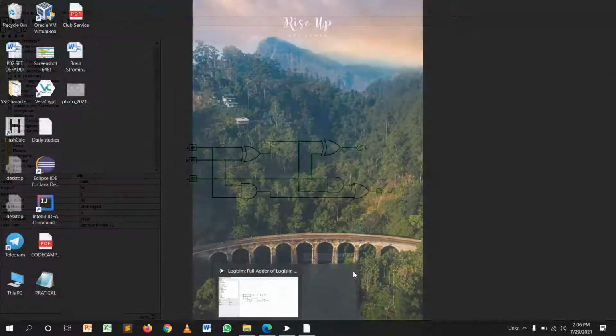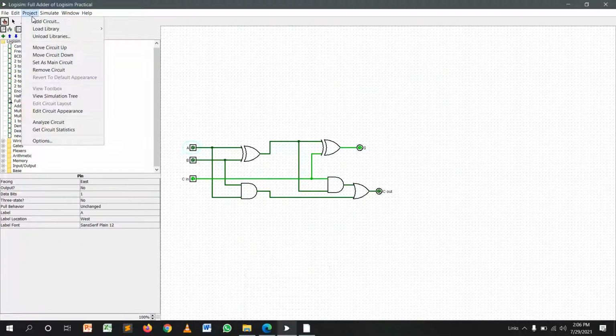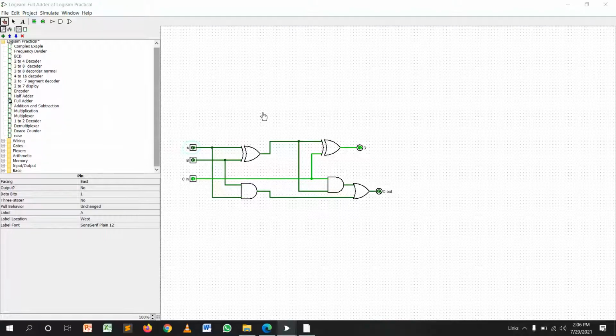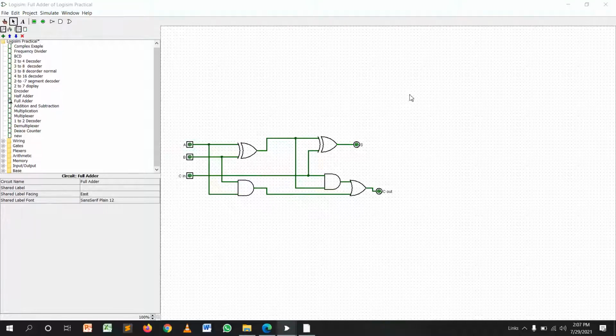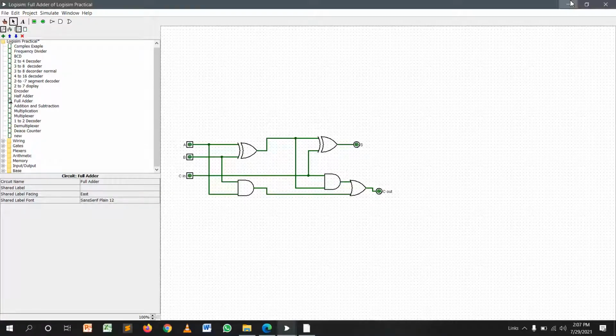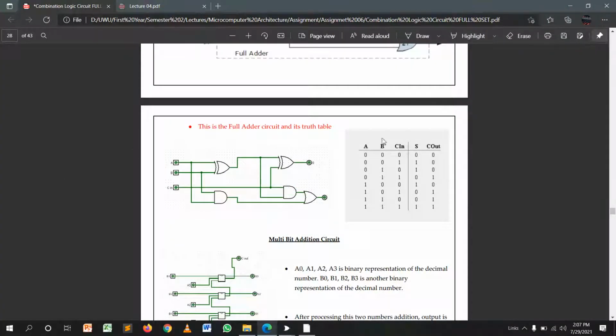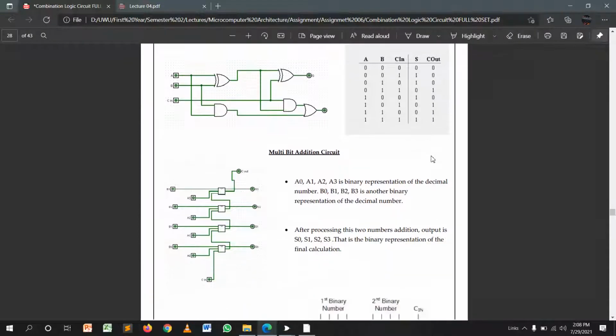This is the analysis circuit part, and let's move to the report, and this is the table diagram. C in, C out, S out, and A and B. A and B are the two inputs. C in means carry in, and S out and carrying out value are the outputs.